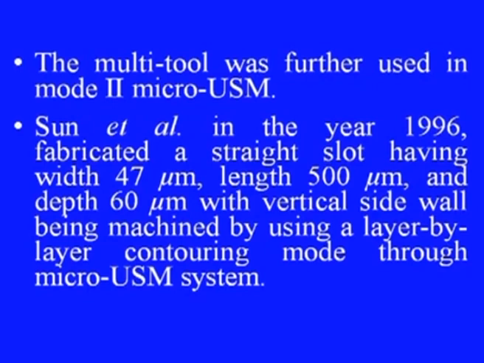Sun et al. in the year 1996 fabricated a straight slot having a width of only 47 micrometer and length of 500 micrometer with a depth of 60 micrometer with vertical side wall being machined by using a layer by layer contouring mode through a micro USM system.